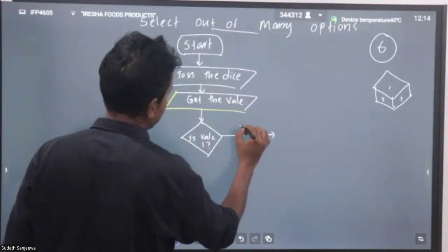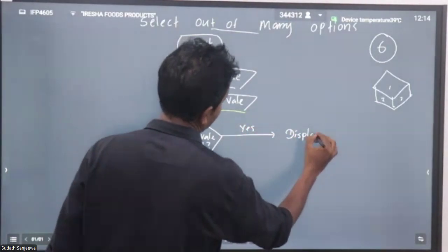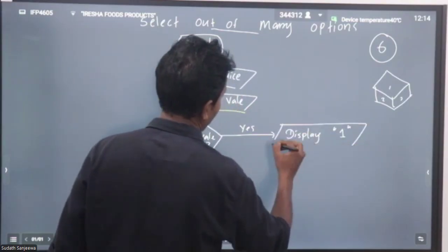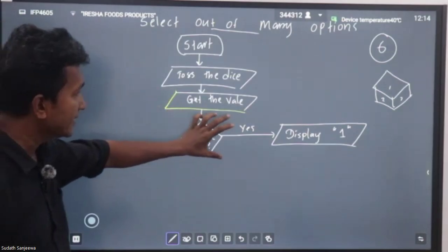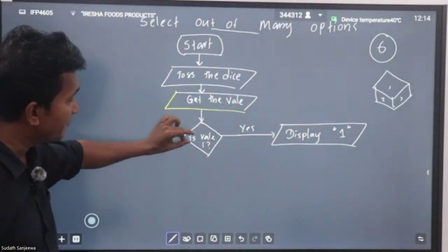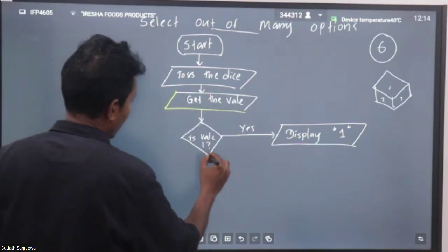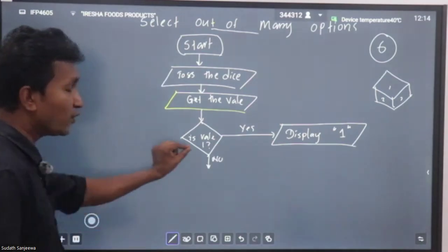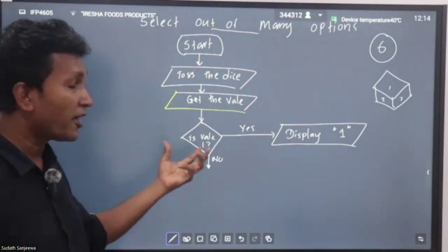If it is yes, display 1. That is one option. If the value is 1, we can display 1. If it is no, that is the point, there are 5 more options.